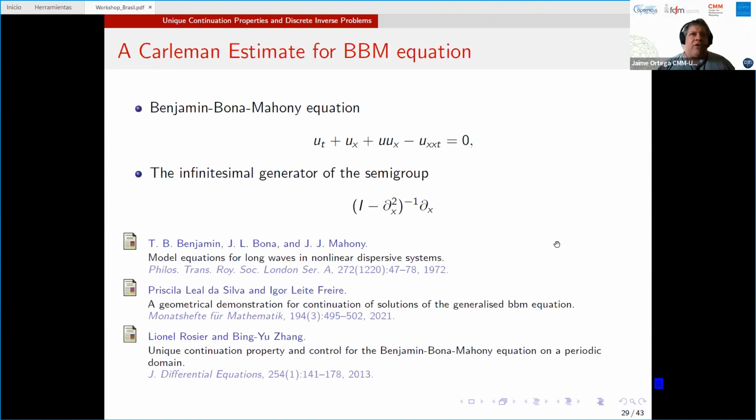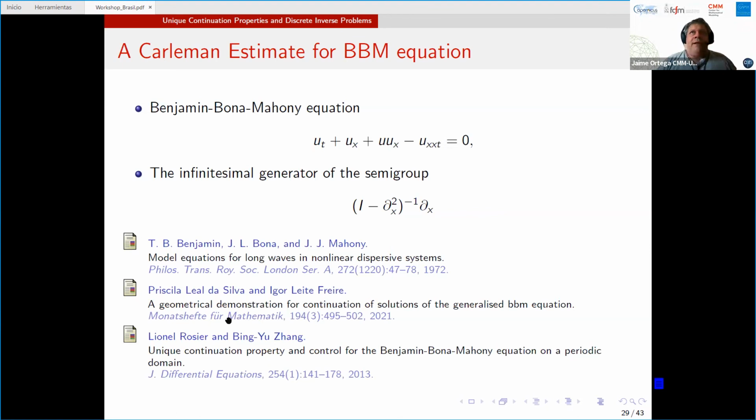The classical one is Benjamin-Bona-Mahony, but there are also results of Lionel Rosier, who is a good friend of several people in Brazil. And there is a large community, with Felipe Linares and people at IMPA, in Campinas, and so on, working on this kind of problem.